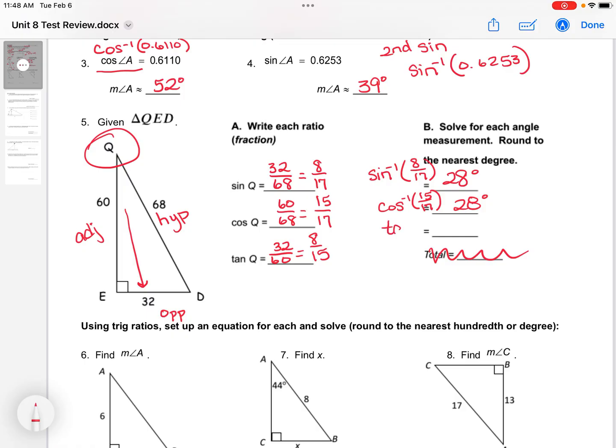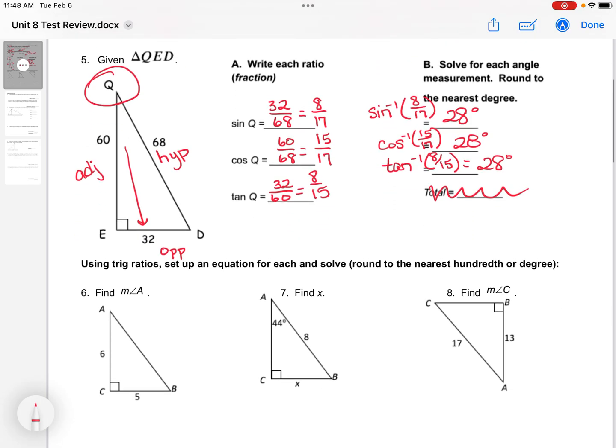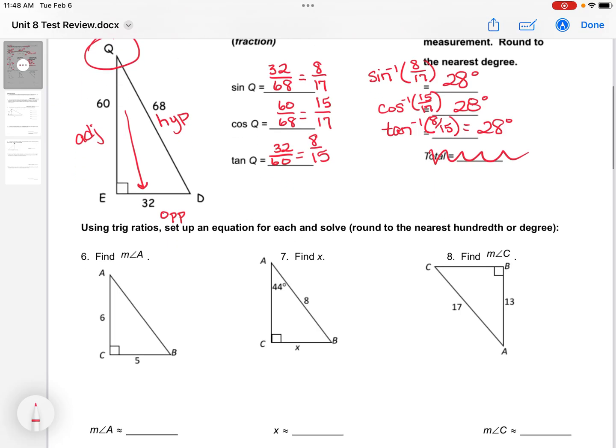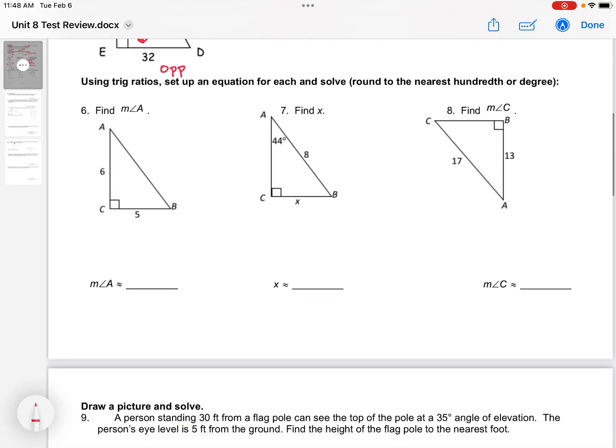And if you do second tan, 8/15, or 32/60, so they all come out the same, which would be what we would expect because those are all the angle Q. All three different ways to find angle Q. All three work, give you the same thing, which should mean that it's all good.